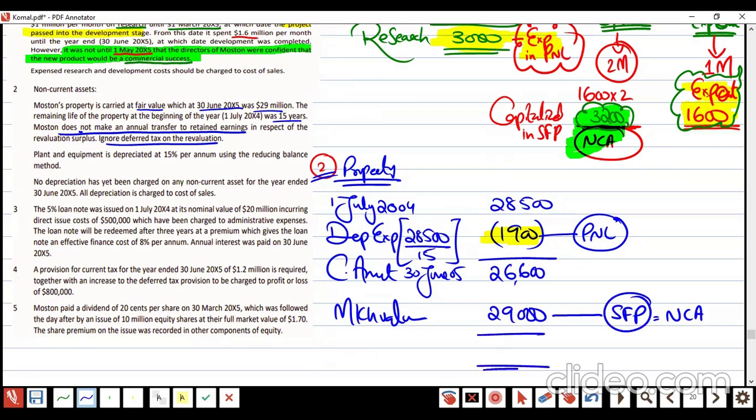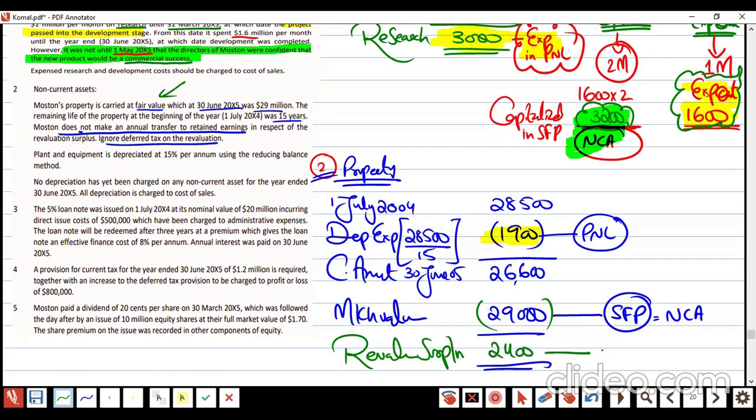But the difference between the carrying amount and the market value, as this company is using the fair value and revaluation model, is going to be the revaluation surplus. How much? 2,400.